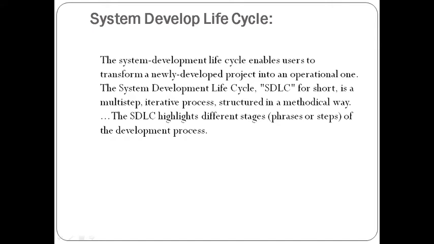The system development life cycle is about converting a newly developed project into an operational one. We have some designs, we give the input, some process has to be executed, and finally it comes to the operational level.